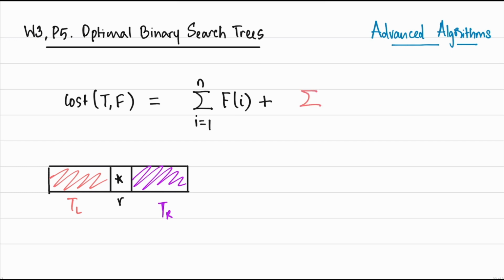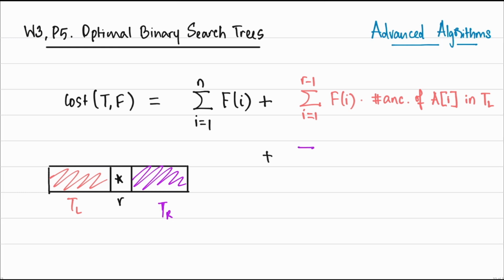So I want to look at all the keys from 1 to R minus 1 and look at their frequencies, and now multiply that by the number of ancestors of A_i, but this time in TL, not the entire tree, because the root as an ancestor has already been accounted for.